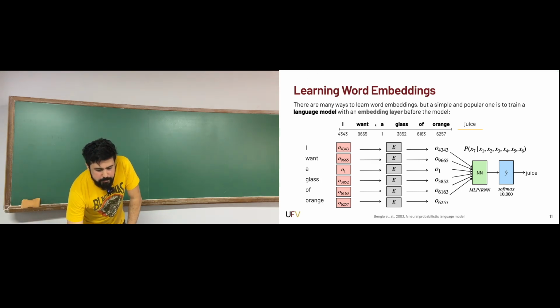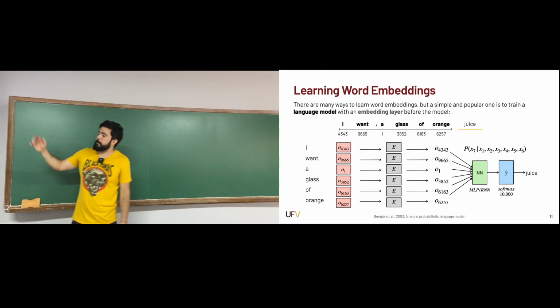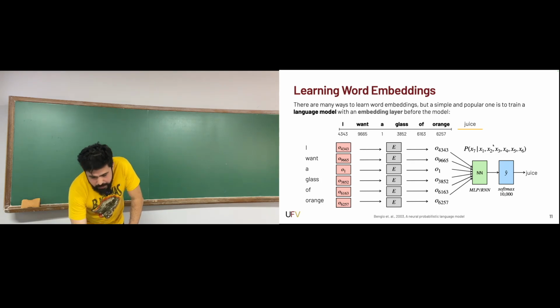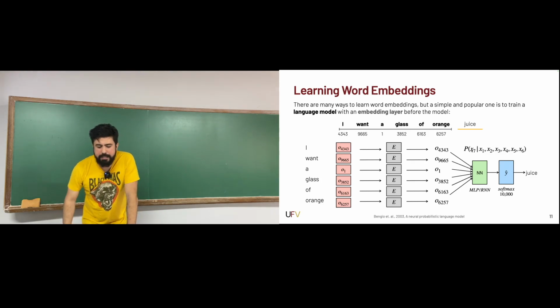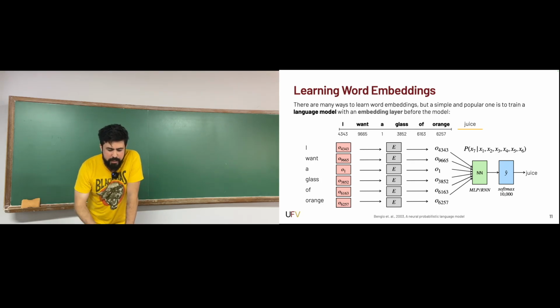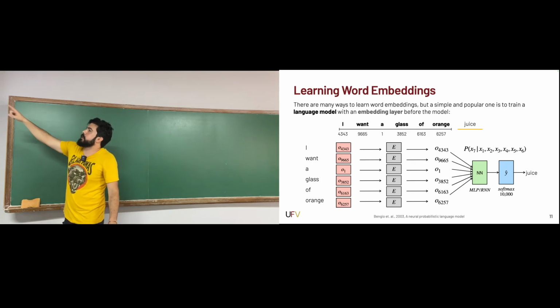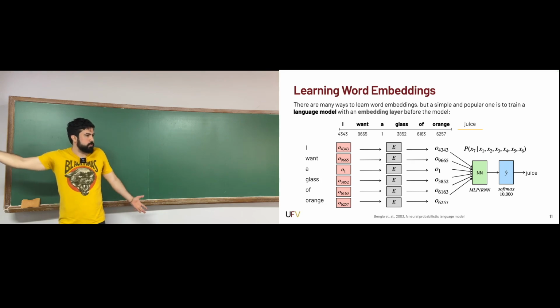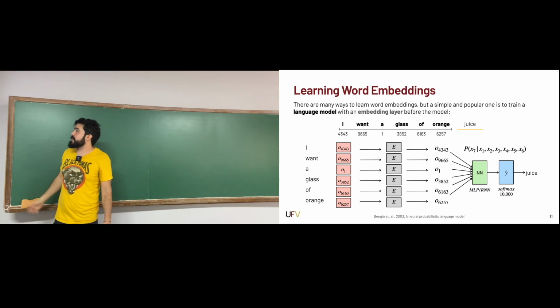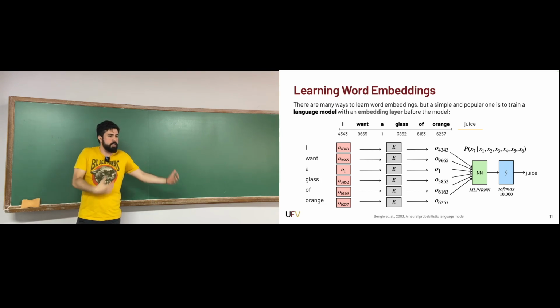Consider a language model problem. I have a context of 6 words, x1, x2, x3, x4, x5, and x6, and I want to predict the word x7. One example could be, I want a glass of orange, and then I want to predict the word juice. So I want to train a model to predict this 7th word from a context of 6 words.